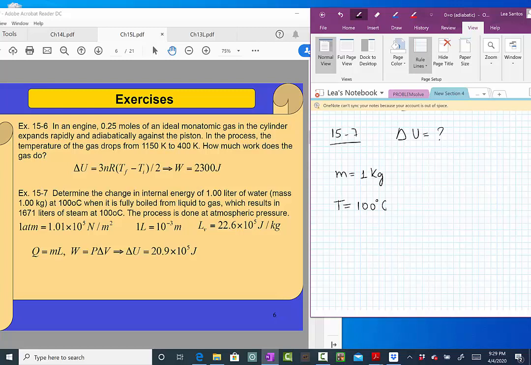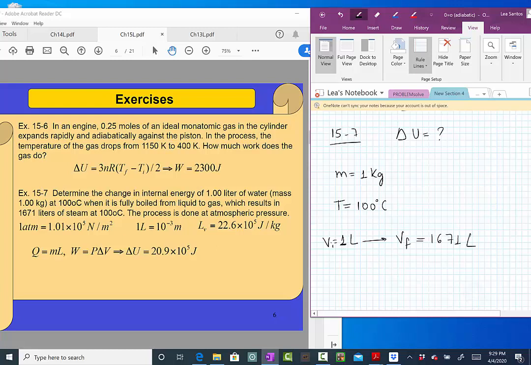As it goes into gas, we go from 1 liter, our initial volume, to 1671 liters.